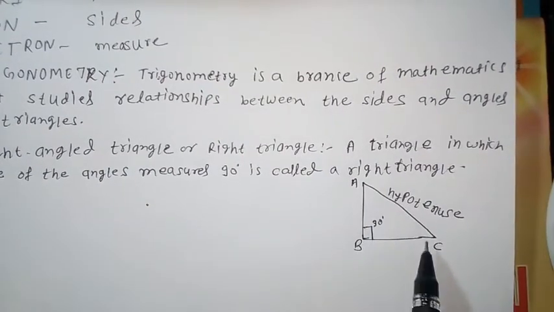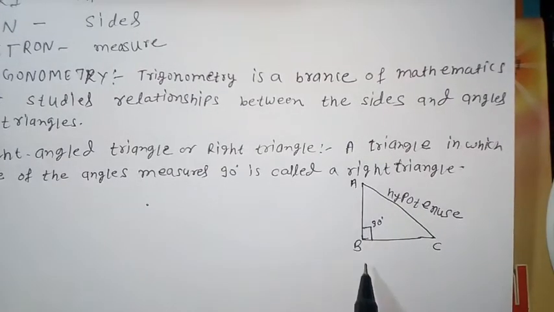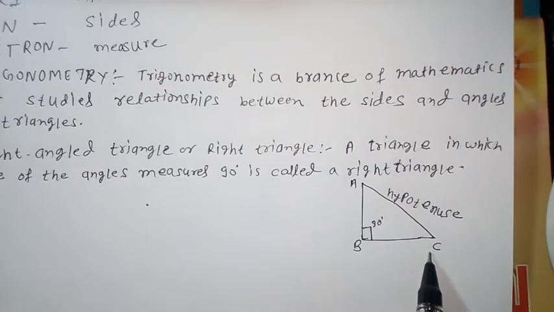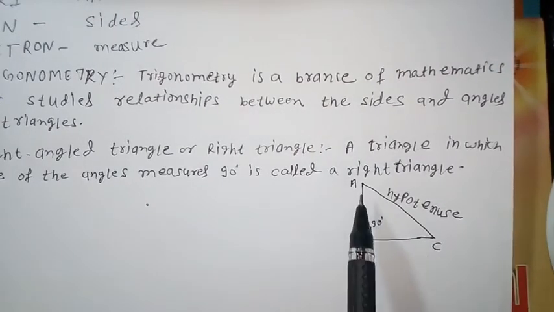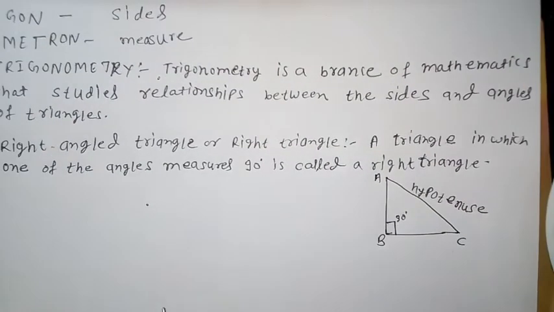Suppose for angle C, AB is perpendicular and BC is base, but for angle A, BC is perpendicular and AB is base. It depends upon your angle.